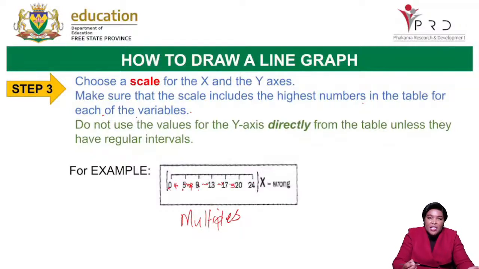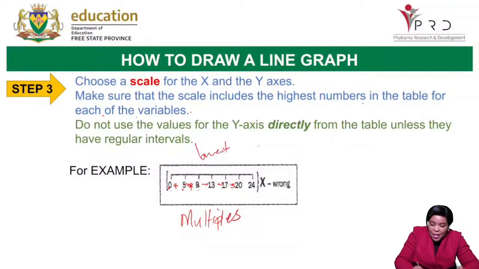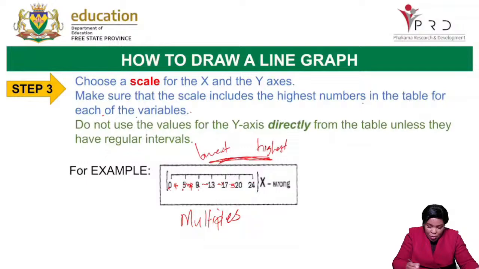If you use a scale of 3, check your lowest number and your highest number. Then choose a scale that is going to move swiftly and appropriately between the two. So if you can move with the scale of 3, it can be 3, 6, 9, 12, 15, 18, 21, 24. It will accommodate 0 and all these numbers up to 24. Then that can be an appropriate scale.